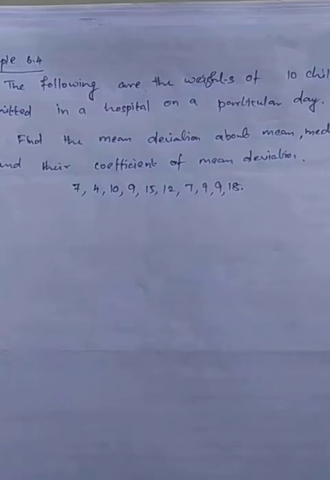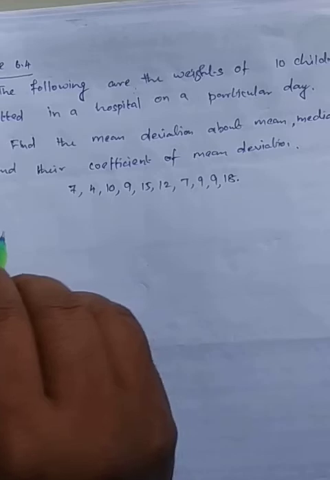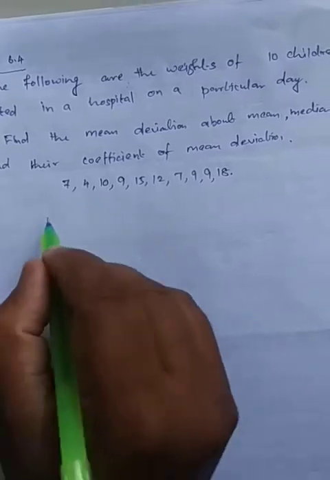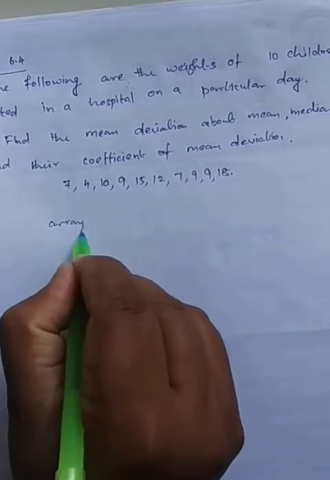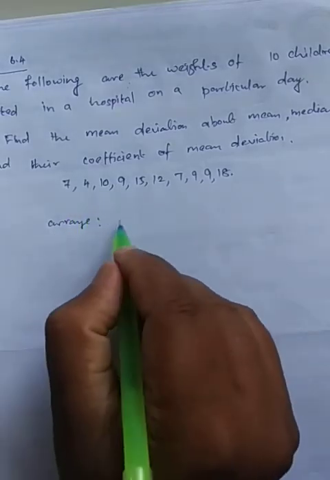So first, arrange the data in ascending order. What is the lowest value? 4 will come.